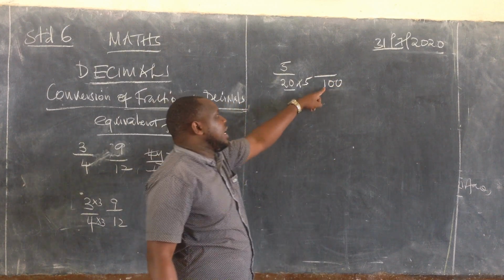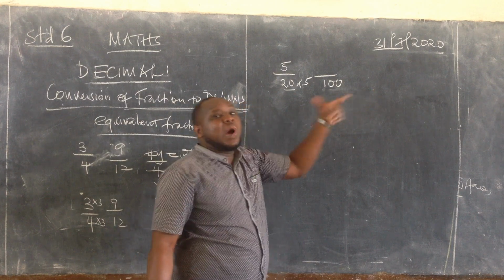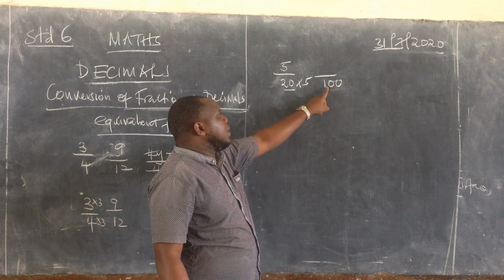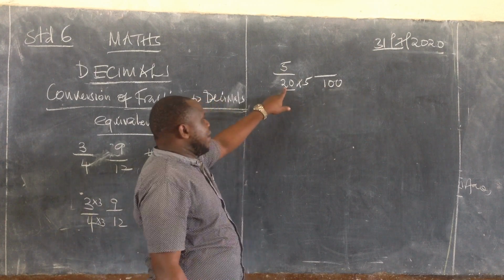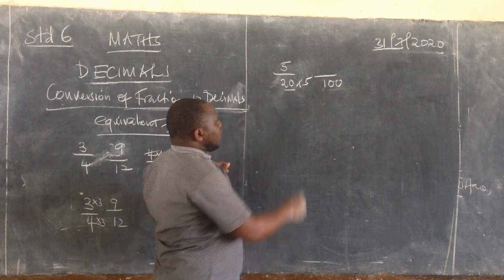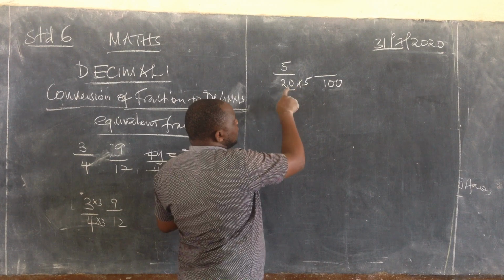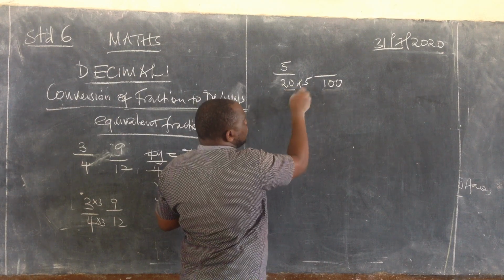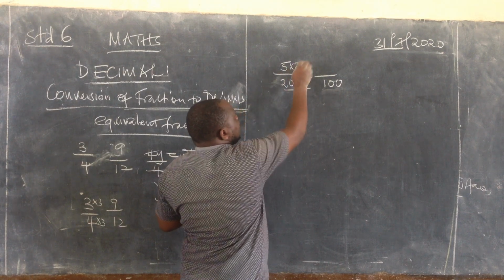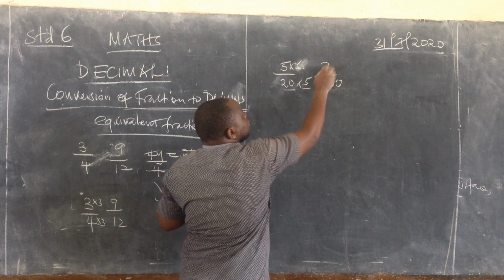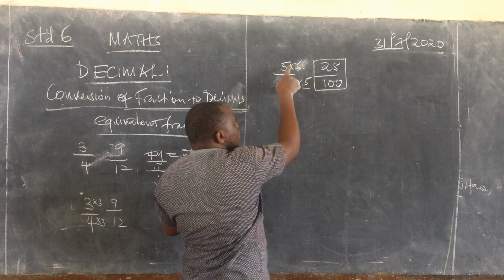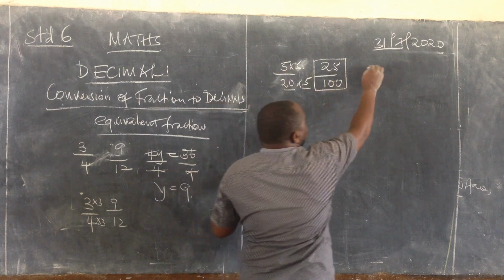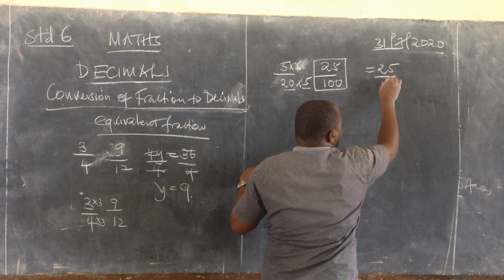Even if it's 1 and 3 zeros, it means 1,000. But we don't want a digit that is more than 1 here, and the others we want them to be zeros. So we have multiplied here by 5. What we've done here, we also do here. Multiply by 5, you get 25. So the equivalent fraction of 5 over 20 is 25 over 100.